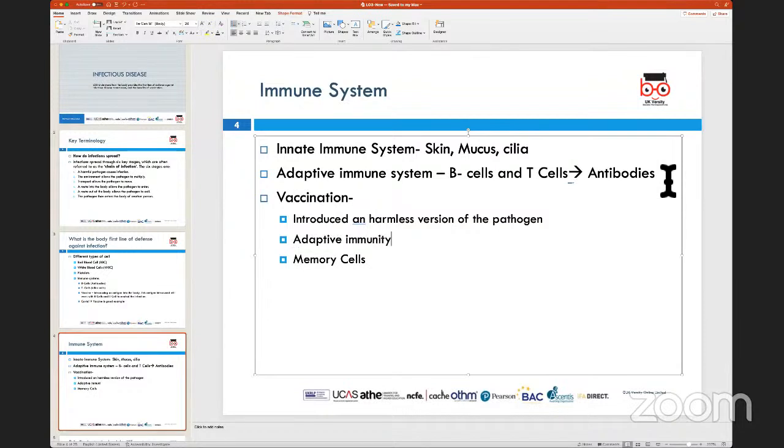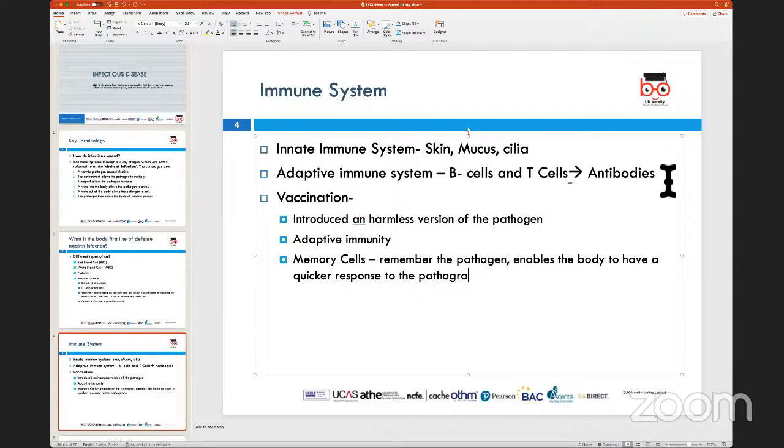So adaptive immunity leads to the production of memory cells, and these memory cells, as the name suggests, remember the pathogen, and that enables the body to have a quicker response, let me say a quicker response rather than a reaction, to the pathogen trying to cause or spread infection in the human body.